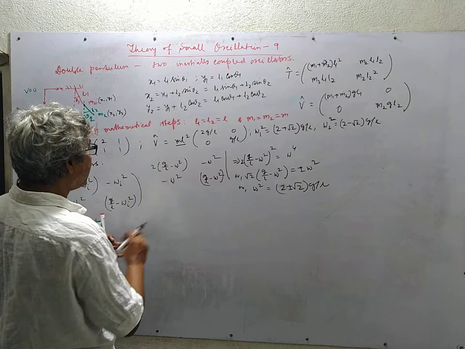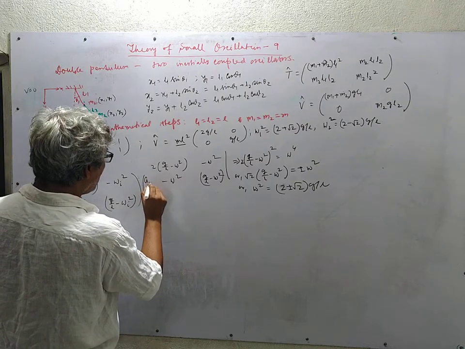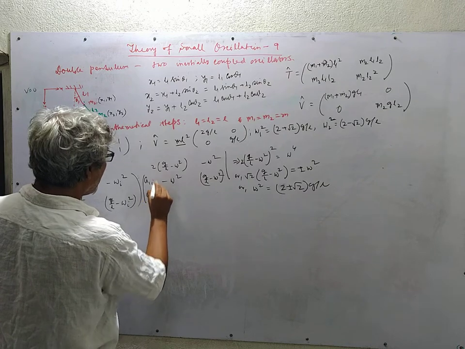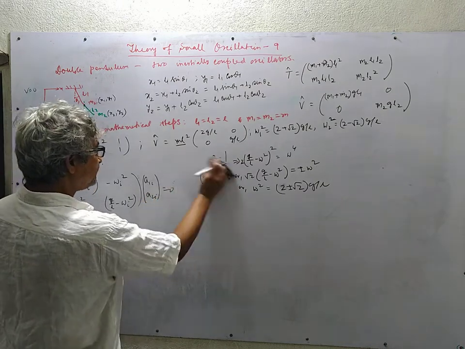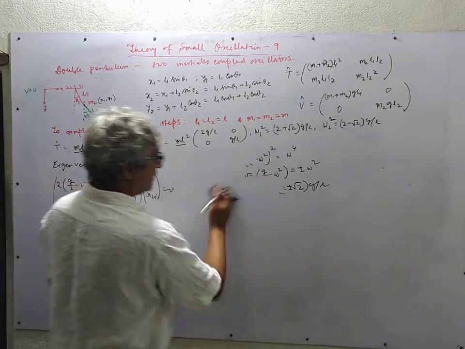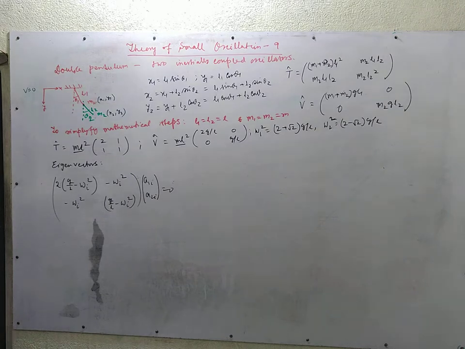This is for the eigenvalue problem, with A1i, A2i is equal to 0. This is the equation which allows us to find out the eigenvectors.